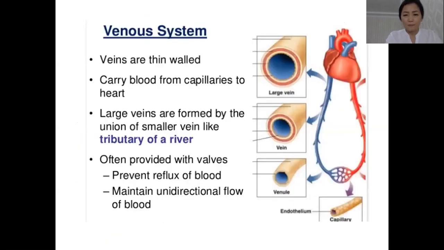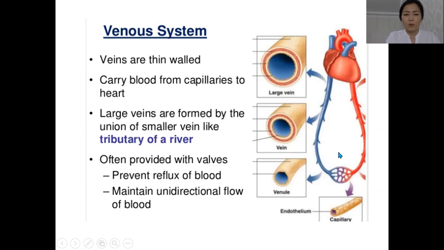Venous system. Again, our team: heart, artery, arterioles, then the capillary network, and then the venous system starts. Veins are thin-walled. If we compare, for example, vein with artery, of course, veins are thin-walled. They carry blood from capillaries to the heart.